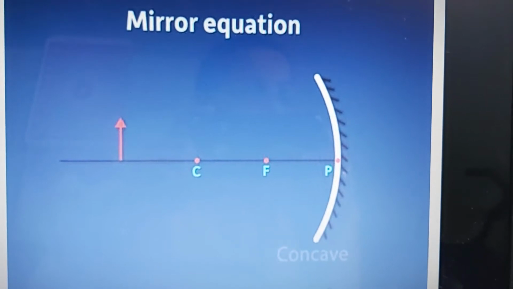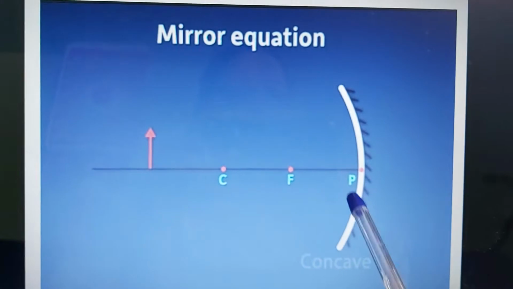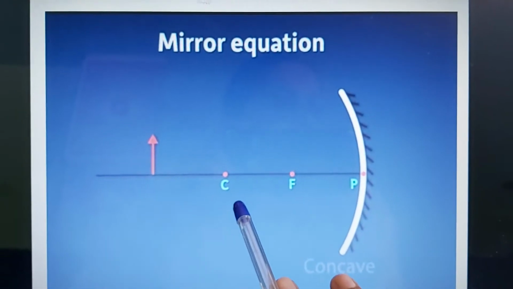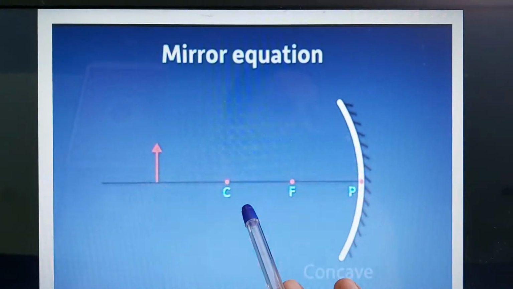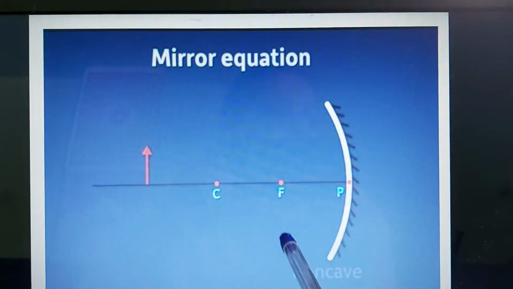You are all already familiar with these symbols. This is P, the pole. C is the center of curvature. It is the center of the sphere of which the reflecting surface is a part.